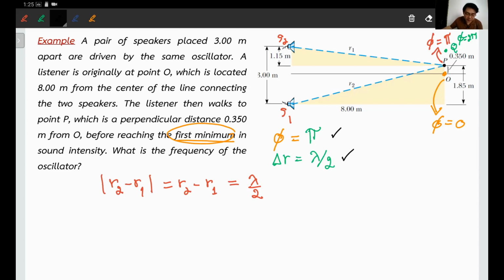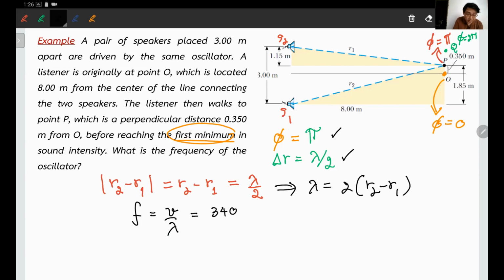And once I have that wavelength condition, that's it. So lambda is just twice the R2 minus R1. And then the frequency will be just v over lambda. And v is usually given to be maybe 340, 345. You can plug it in there, and then you divide it by 2.